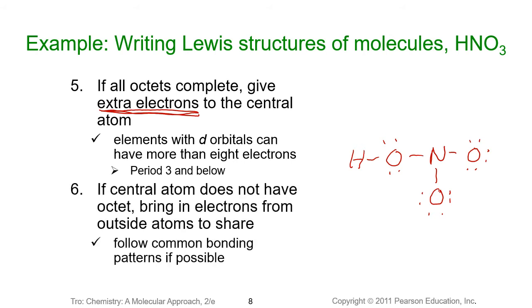Because our central atom does not have an octet and we have no additional electrons to use, we are going to share electrons from our outside atoms to that central nitrogen. Nitrogen only has 6 from the 3 bonds that are drawn. We're going to take a lone pair and make it a double bond in order to share those electrons.